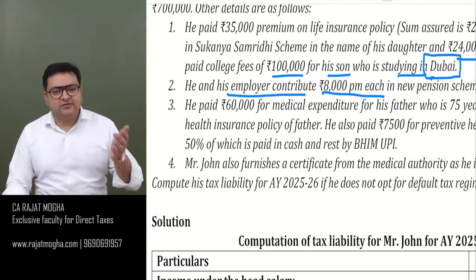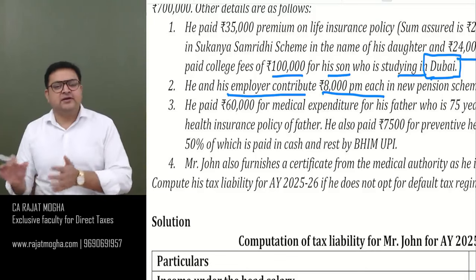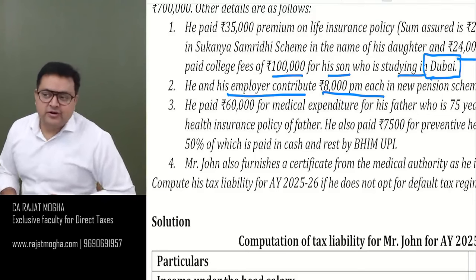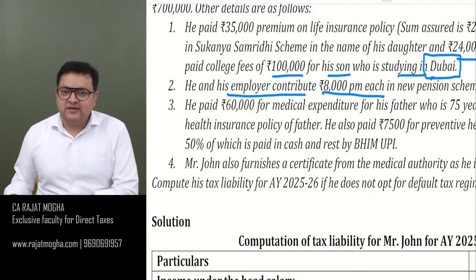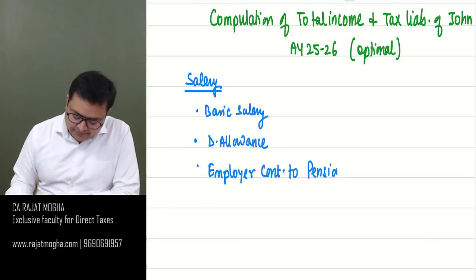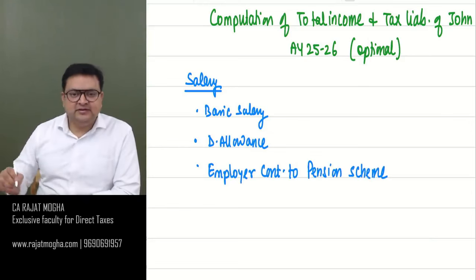Employee contribution is from his salary only, that we deduct a certain amount and deposit in the pension scheme. But the employer contribution to the pension scheme is our income. So the third is employer contribution to pension scheme is your income. So these are the three things.